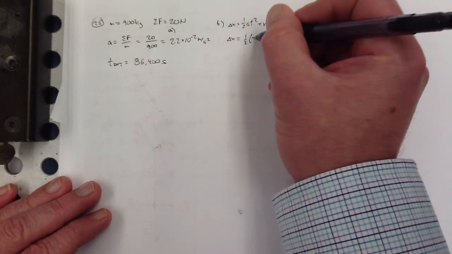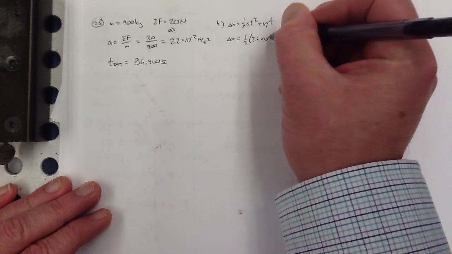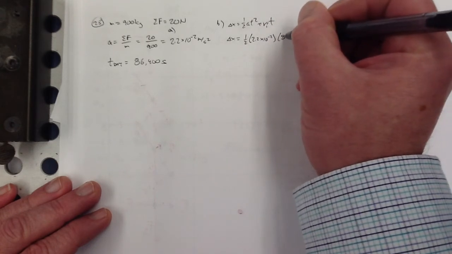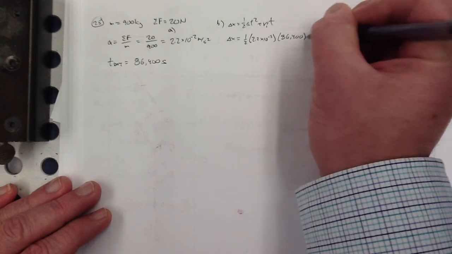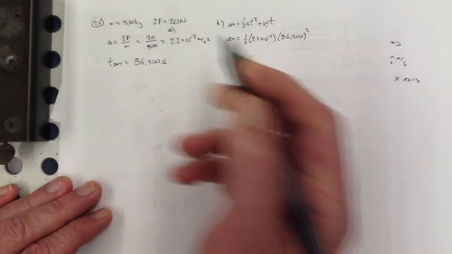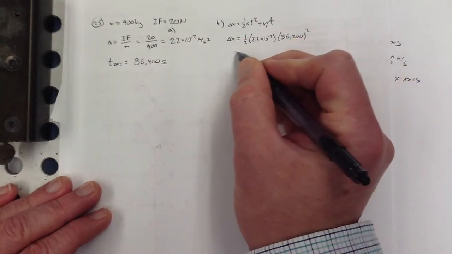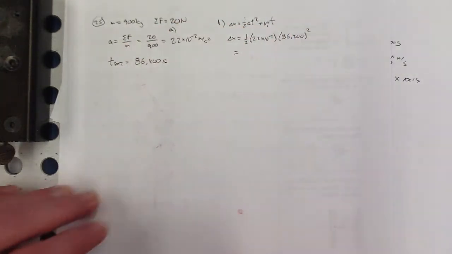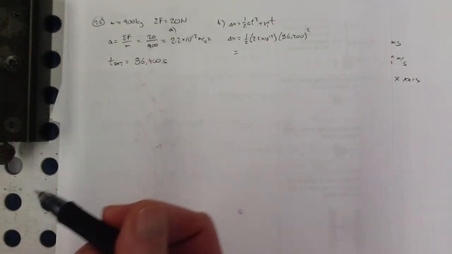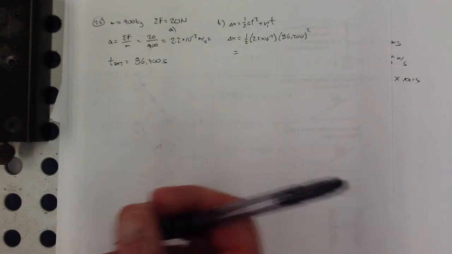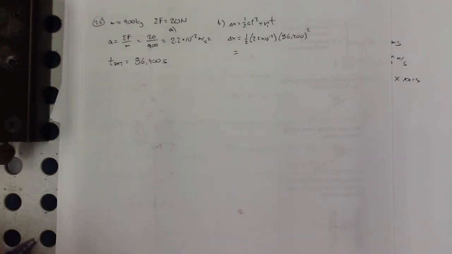So 1/2 a t squared. I think the point of this problem is, yeah, that's a tiny bit of force on that large object. But if that's causing a constant acceleration and you let that acceleration tick away for lots of seconds, then you're going to be doing something.